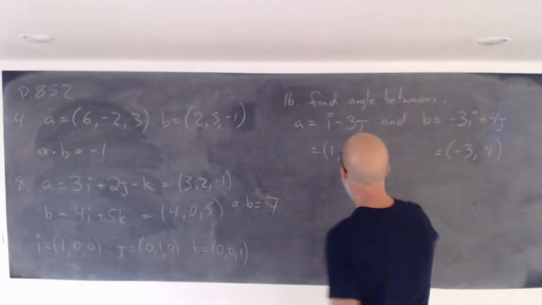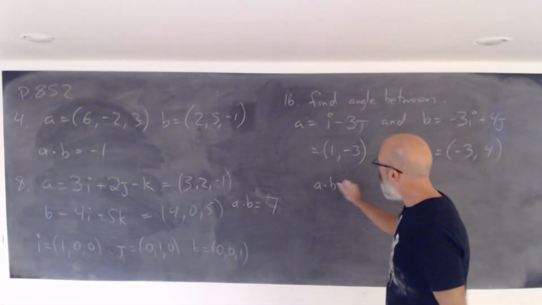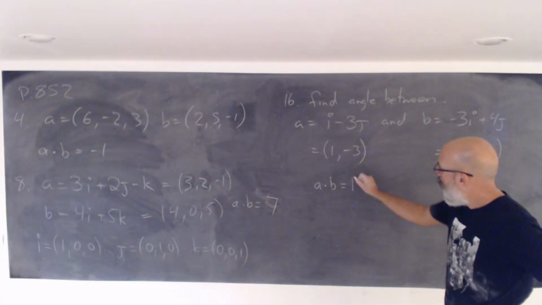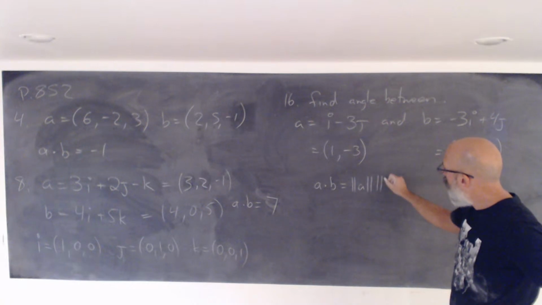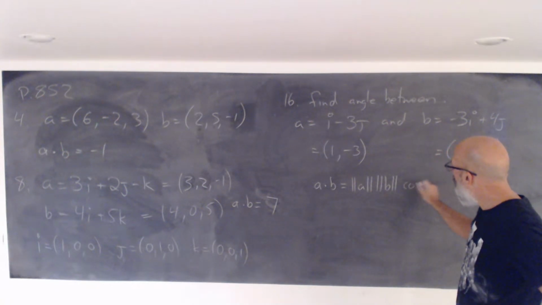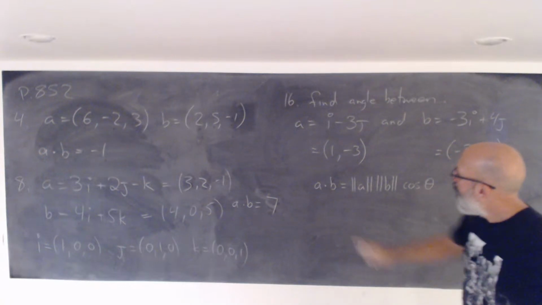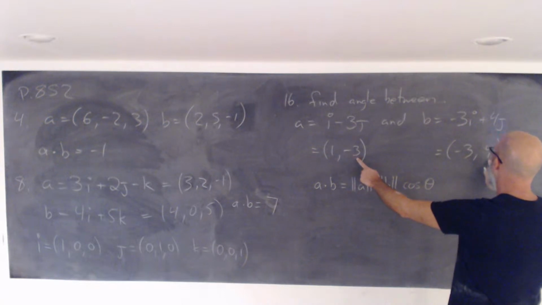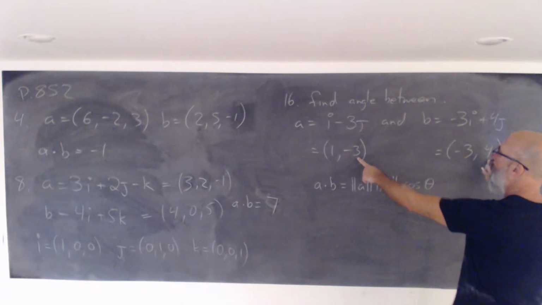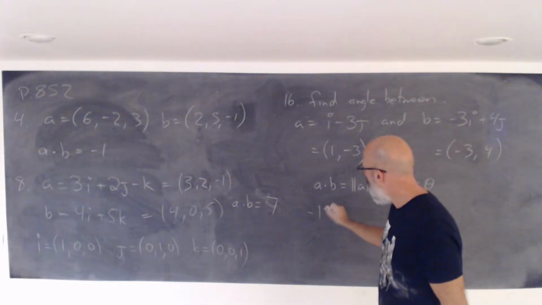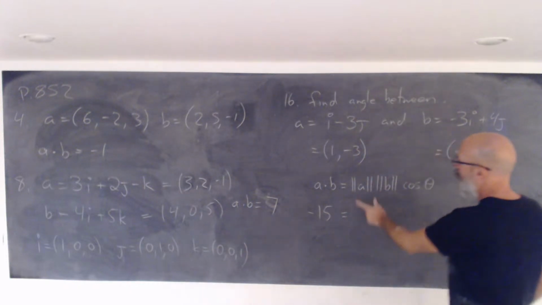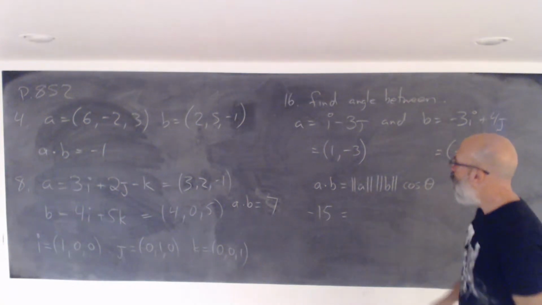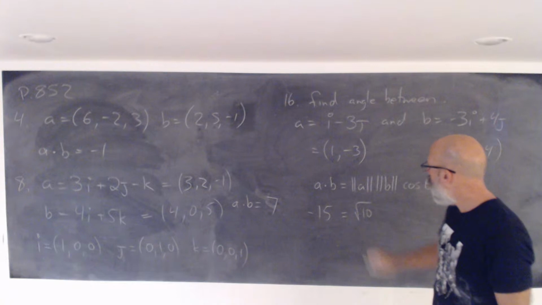Here, what are we going to use? We're going to use the fact that the dot product A dot B is length of A, length of B, cosine of the angle between the two. So A dot B is what? Minus 3 minus 12 is minus 15. Length of A, this squared plus this squared, square root. So that's square root of 10.